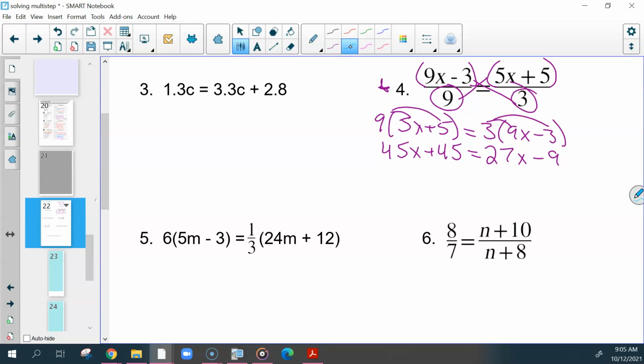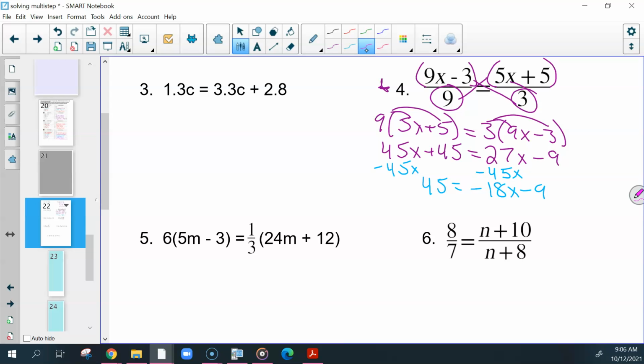45x. Okay. So if we move 45x, we are subtracting. And then because we subtracted 45 over here, we have to move 9 back over here.